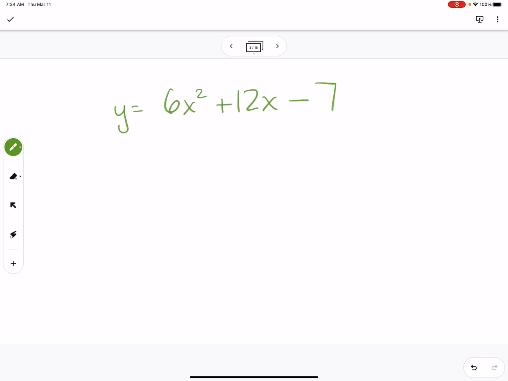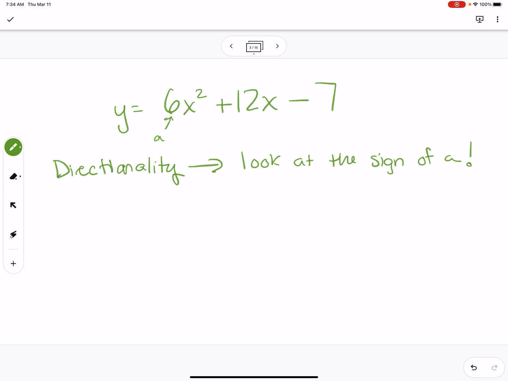To decide our directionality, all you have to do is look at the sign of A. So if we go back to picking out our A, B, and C, we know A is 6, B is 12, and C is negative 7.